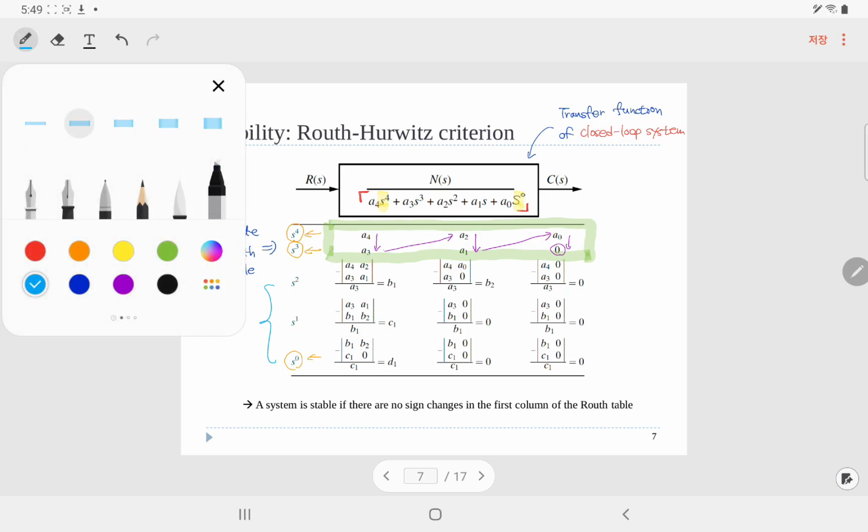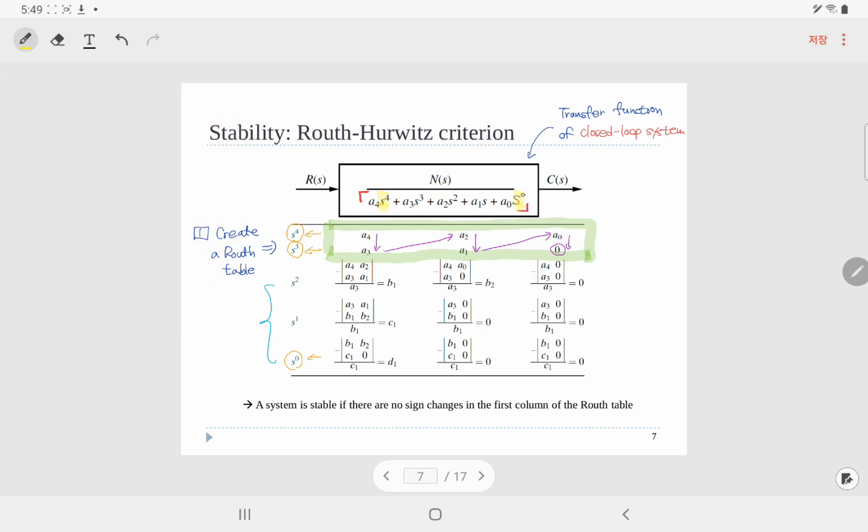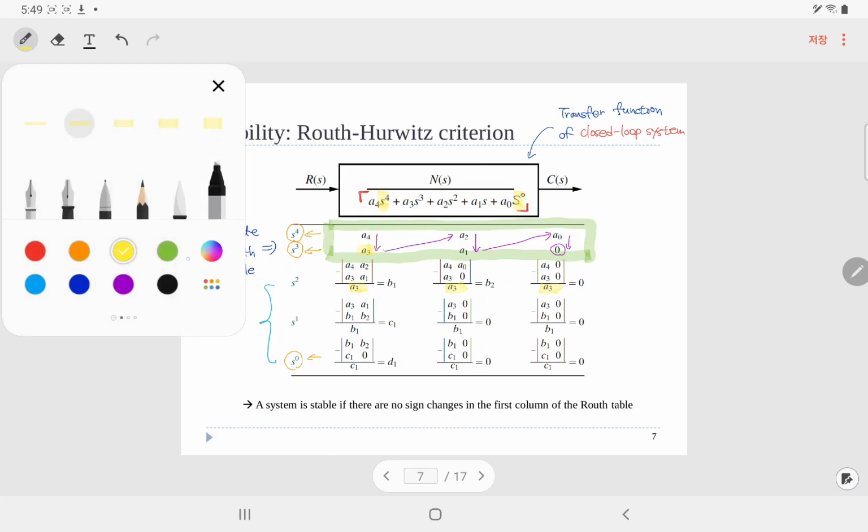In this case the denominator is A3, and A3 appears here. So this one becomes the denominator of the next row.